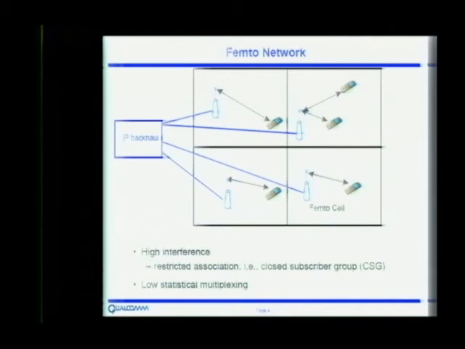For example, in this picture, which is a simplistic drawing, for the bottom right-hand femto cell it matters a lot more whether the mobile just next to it is transmitting. It matters less whether the one on the far top right is transmitting. That's one reason. Also, because of spatial reuse, everybody is getting only a fraction of the time, so the duty cycles on each of these links go down. Both of these add to the variance of interference.